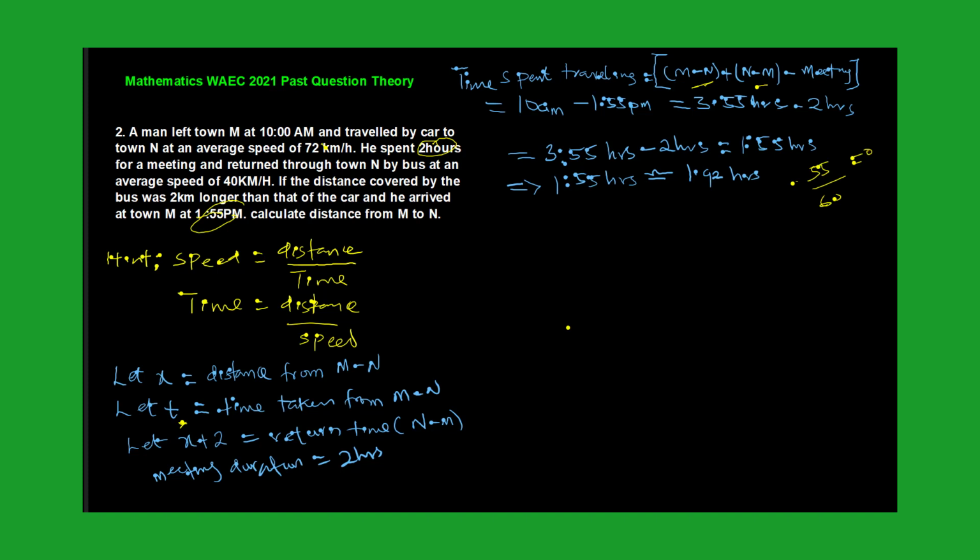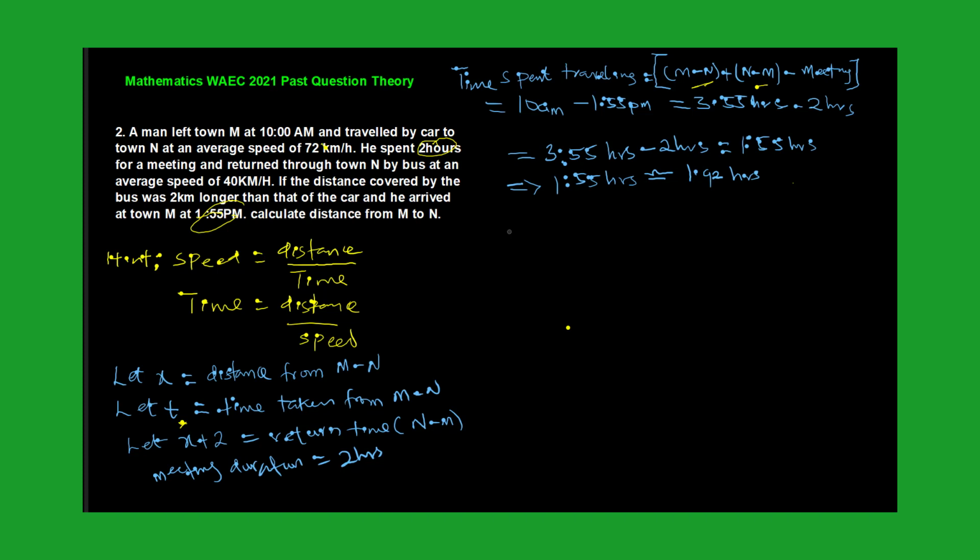So now let's find the distance from M to N. According to what I've done before, I've already made X the distance from M to N, and we are given the speed.